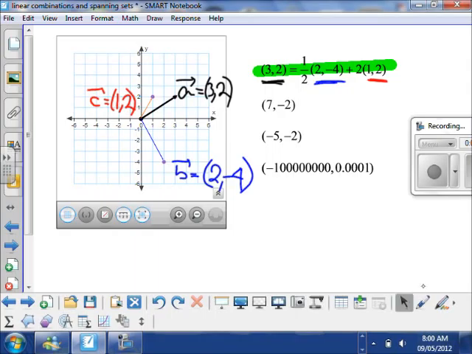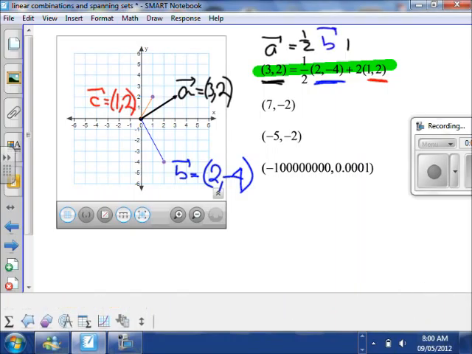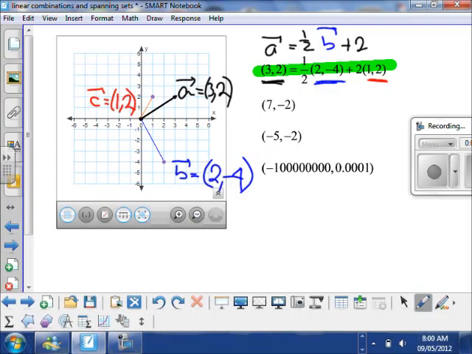So I can write 3, 2, the vector A, as 1 over 2 times blue, which is B, plus 2 times red, which is C. So what are my scalars in this case? My scalars K and L are 1 over 2 and 2.